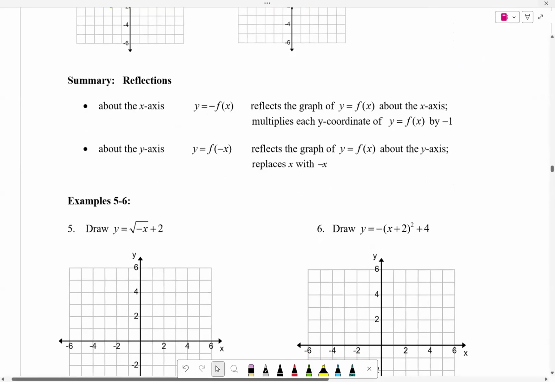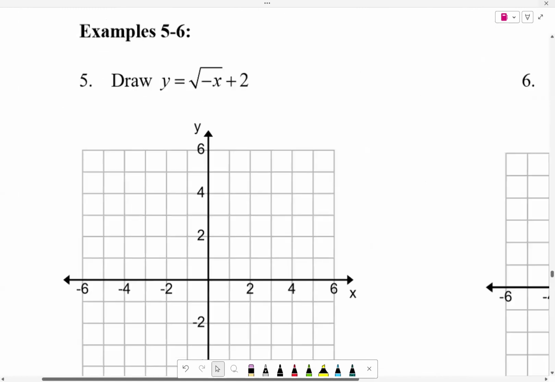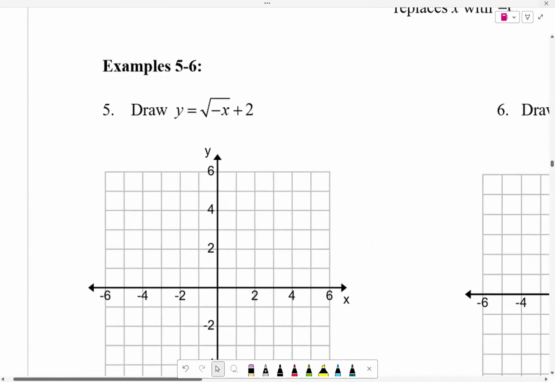Okay, so it's all here. Look at this. There are two different things going on here. Would you please discuss with your neighbor what's going to happen to the square root of x?